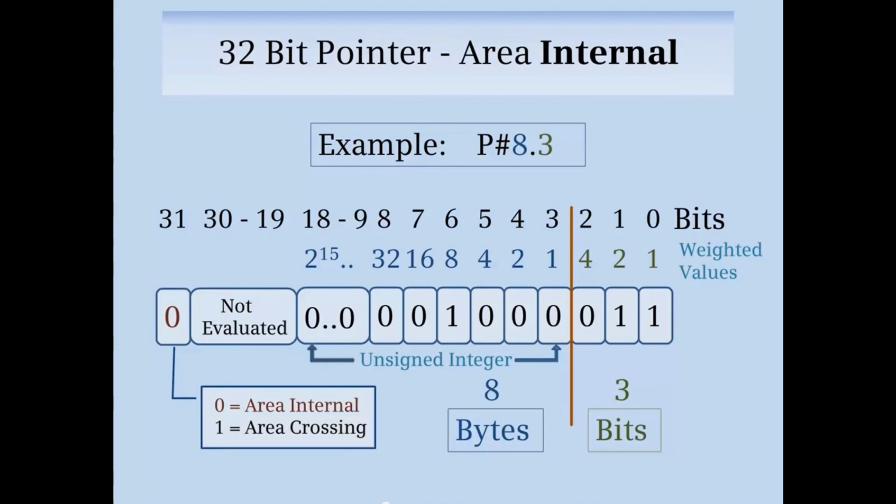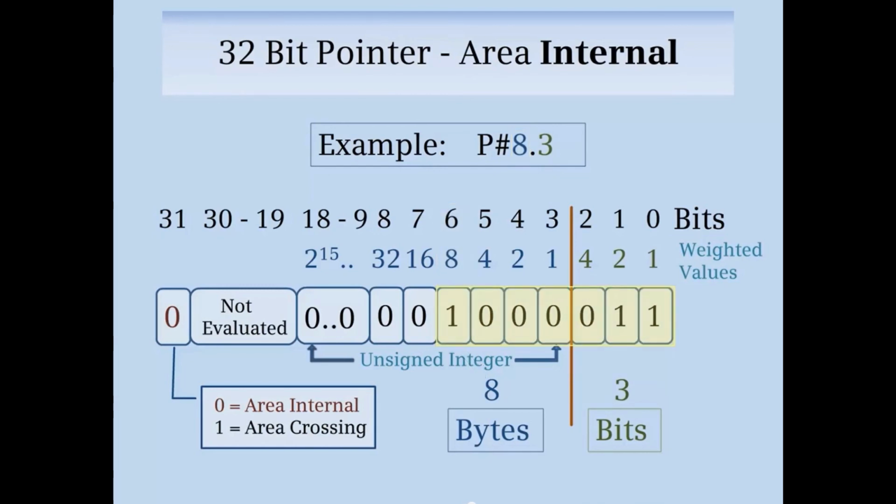For example, consider the area internal address P#8.3. The bits would be stored in the fashion shown. Bits 0 to 2 would contain 110, making up the decimal value 3. There would be a 1 in bit 6 with weighted value 8, making up the byte part of the address.